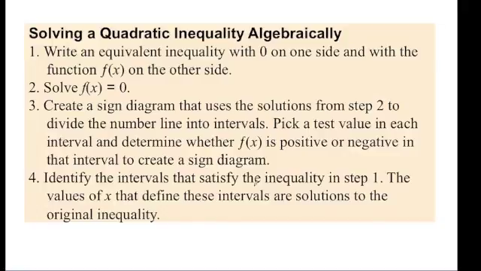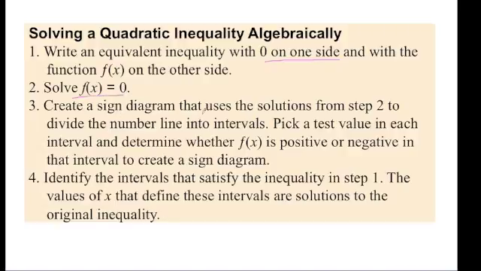You can also have a quadratic inequality, so an x squared term with an inequality to solve. So you write an equivalent inequality with 0 on one side and the function on the other side. Then you solve the function for equals 0.